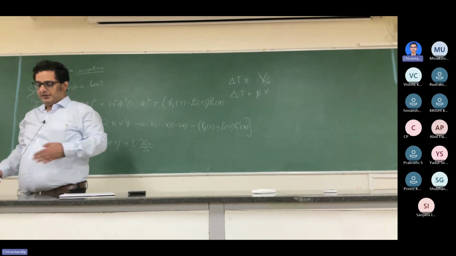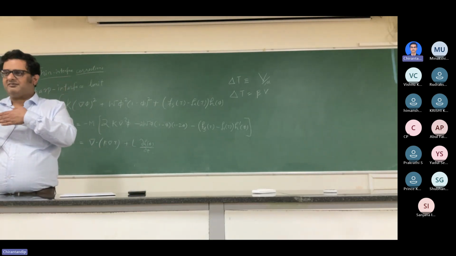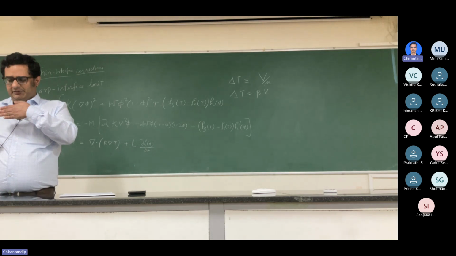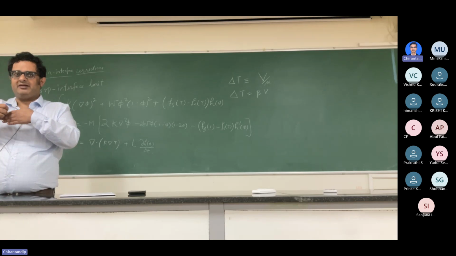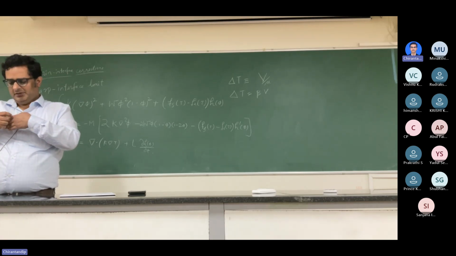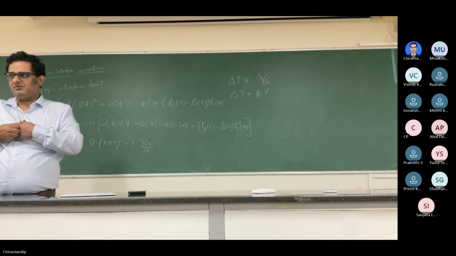This is a situation where your interface is rather smooth, right? When your interface is smooth, the atoms from the liquid, when they want to attach onto the solid, don't have free sites where they can attach. So you must provide an undercooling for them to keep well attached.